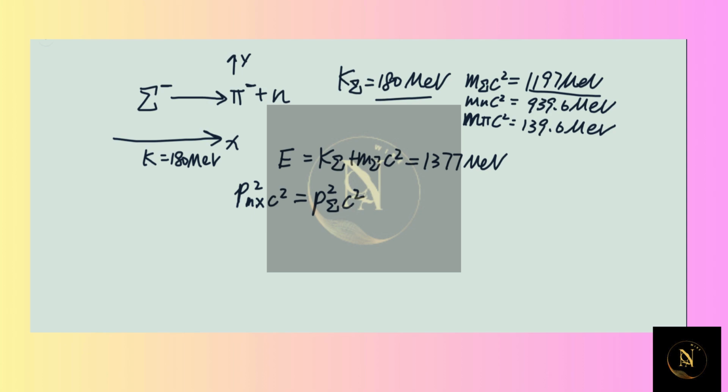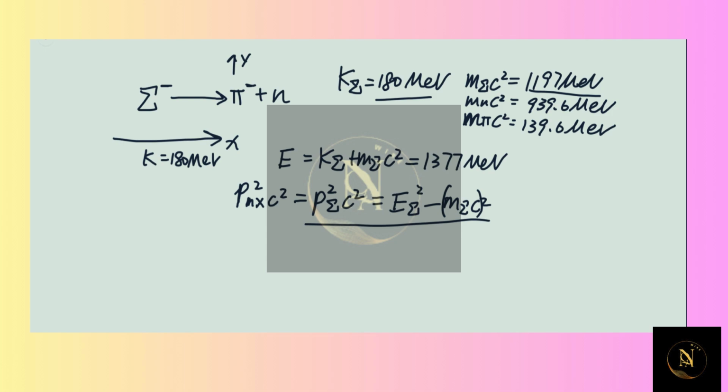And p squared c squared is equal to the total energy squared minus m squared c to the fourth. Again, if you still remember, this is the equation from the book, the momentum and energy relativistically.